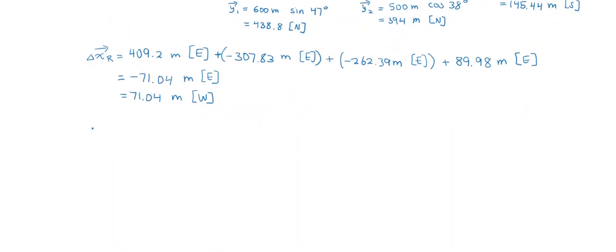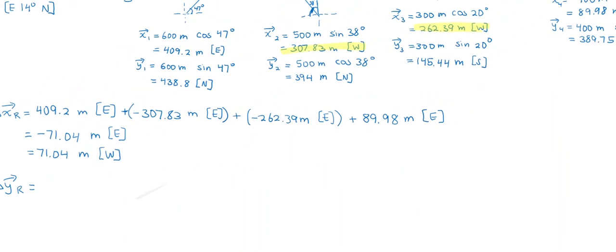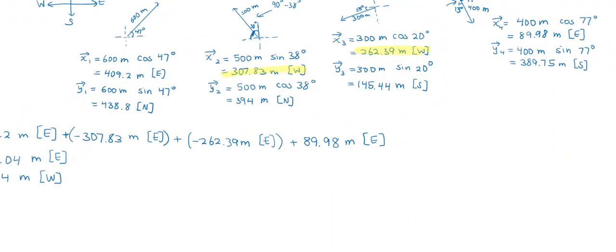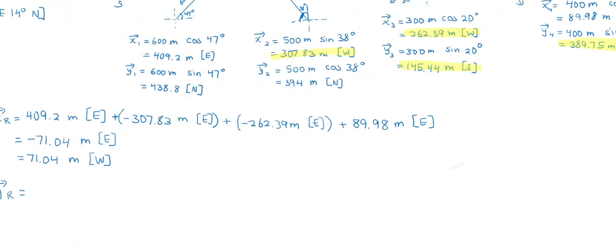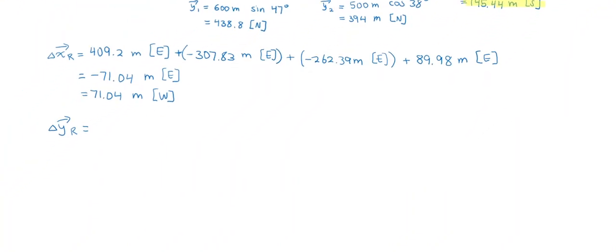And then for delta YR, we can just do the same thing. So I'm looking here. Let's just keep everything north. You can just pick randomly. So that means this needs to flip, and then this needs to flip. So we'll do 438.8 north. I'm not going to put meters because it's just a lot to write.